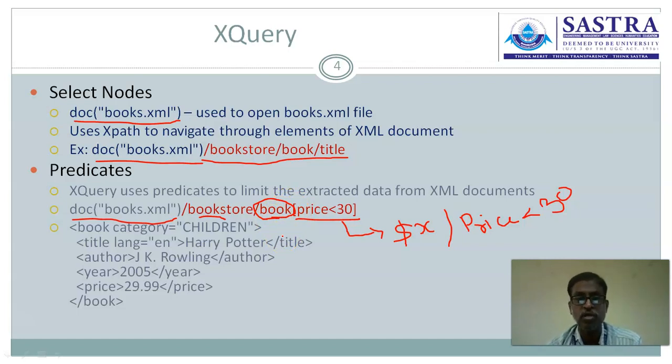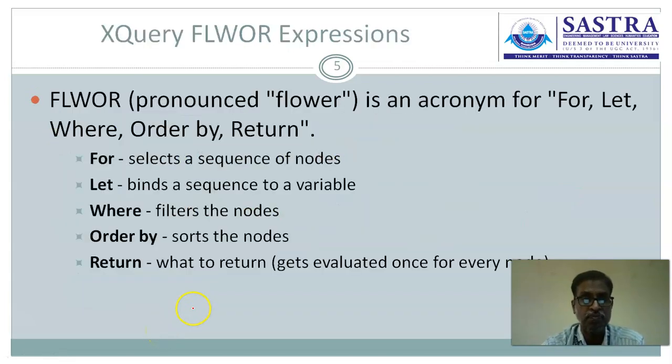If any book has price less than 30, then that book's details will be displayed as the result of this XPath. Because it is an XPath, we get the book category, title, author, year, price information. When we give XQuery, we will get data only, separate data, instead of the tagging information.